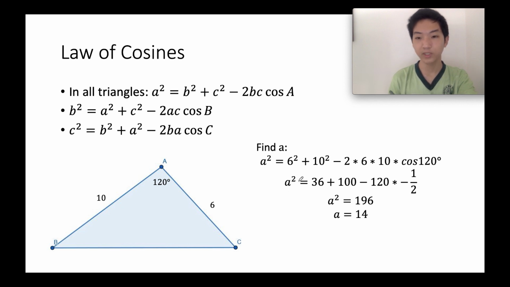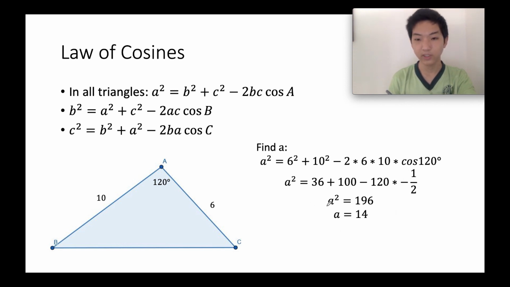Well, we see now that A squared equals 36 plus 100 minus 120 times negative 1/2. And you might be wondering, well, how do we know that cosine 120 degrees is negative 1/2? Well, I'll be going over that in a few minutes, once we get to trigonometric identities.